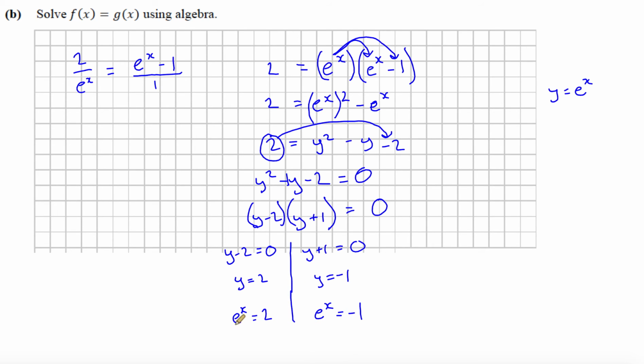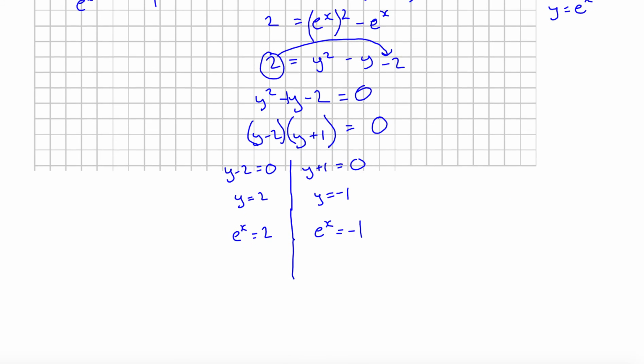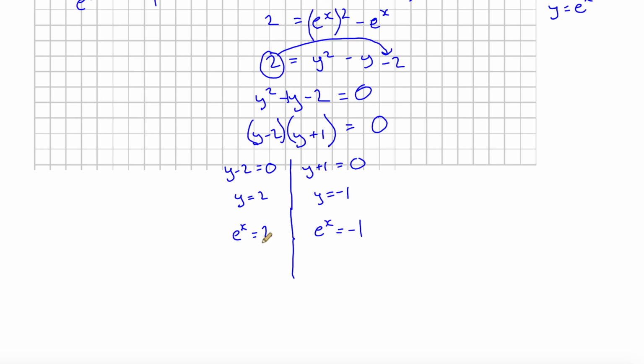So if e to the power of x is equal to 2, well that means that the log to the base e of 2 is equal to x. So the log to the base e of 2, that can be written as the natural log of 2, same thing, is equal to x.